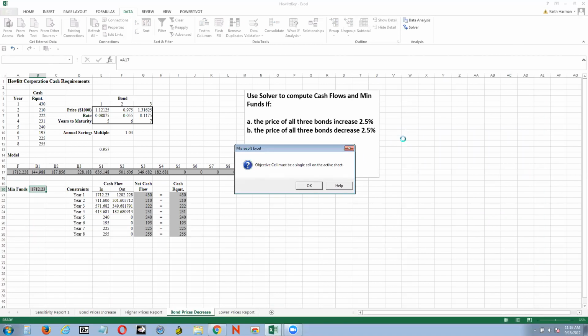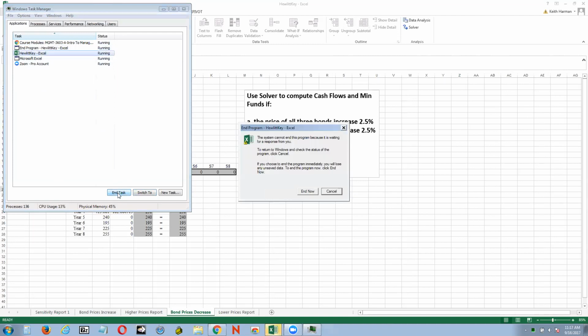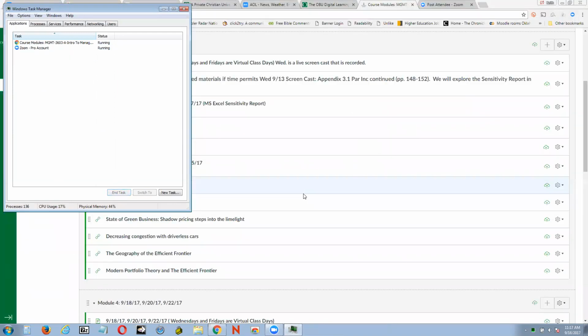Hang on. I'm going to do a Control-Alt-Delete and get out of this. Always something. Back to the Task Manager for a minute. Look at the Helix key. Kill that off. In that task. Ended. All right.